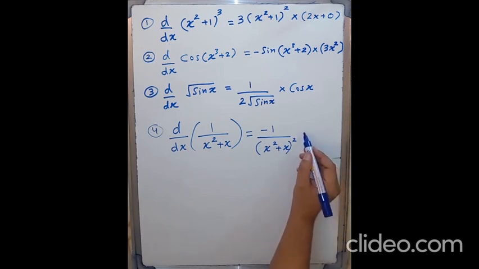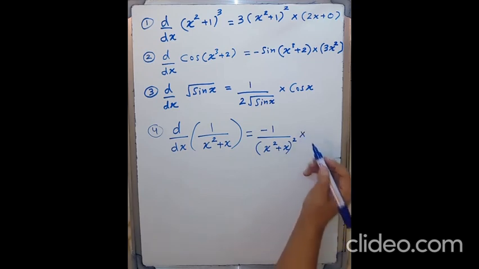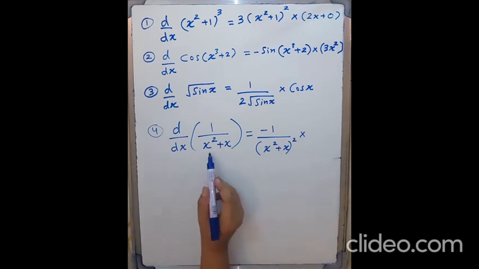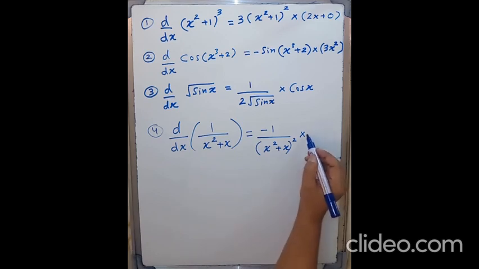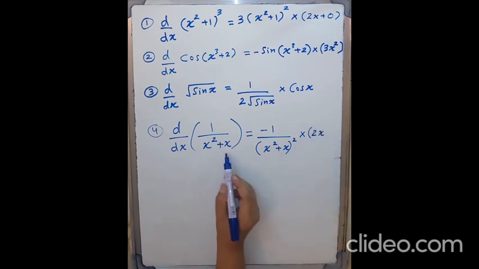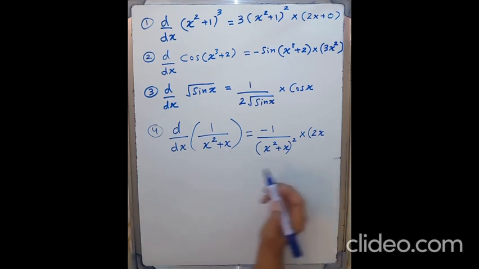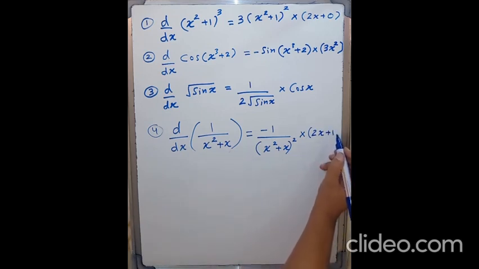Chain rule says we have to multiply by the derivative of t. Here our t is x square plus x. So the derivative of x square will be 2x plus the derivative of x will be 1.